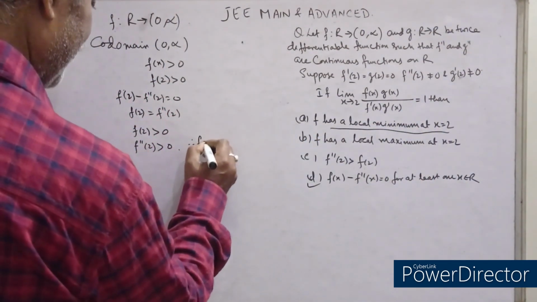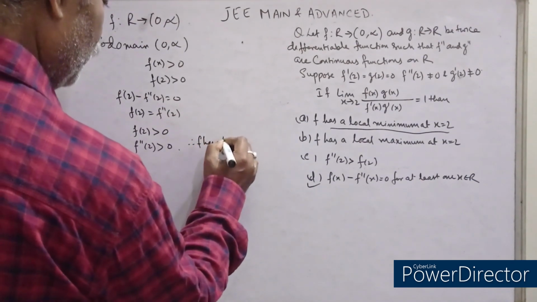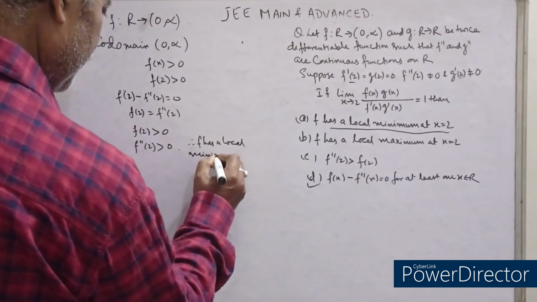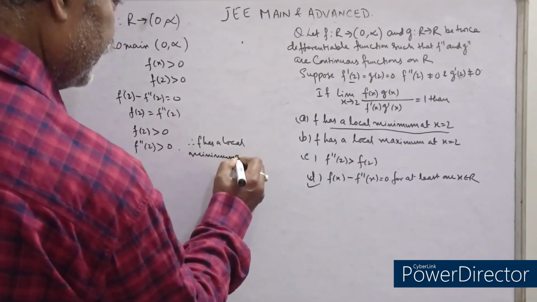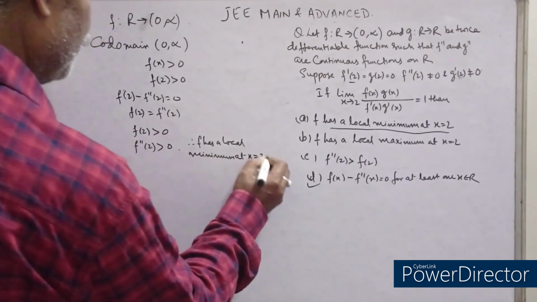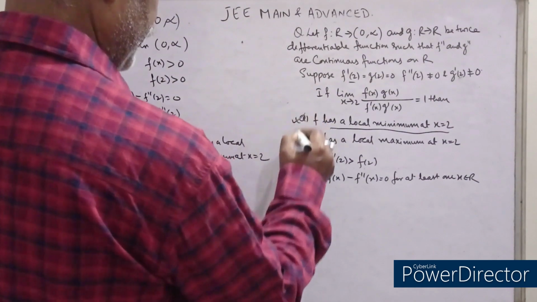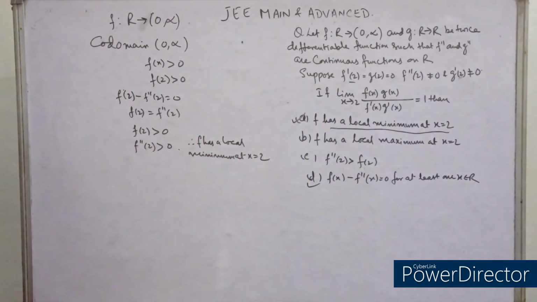So f has a local minimum at x equal to 2. This is the answer to this question. There are two options correct, this one and this one. These two options are correct.